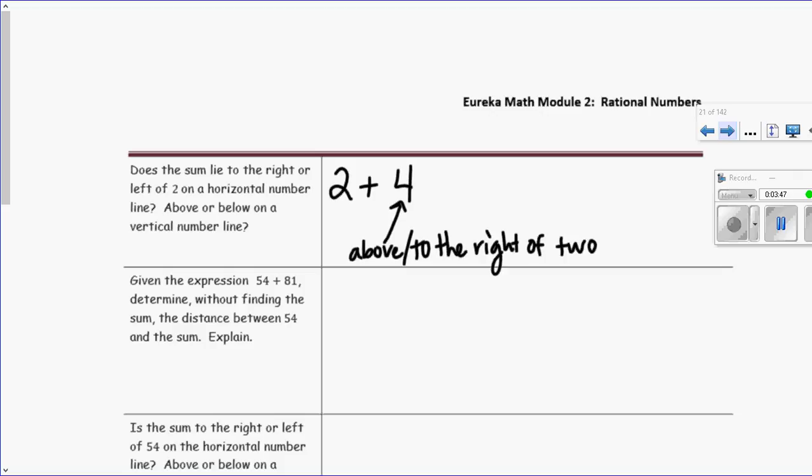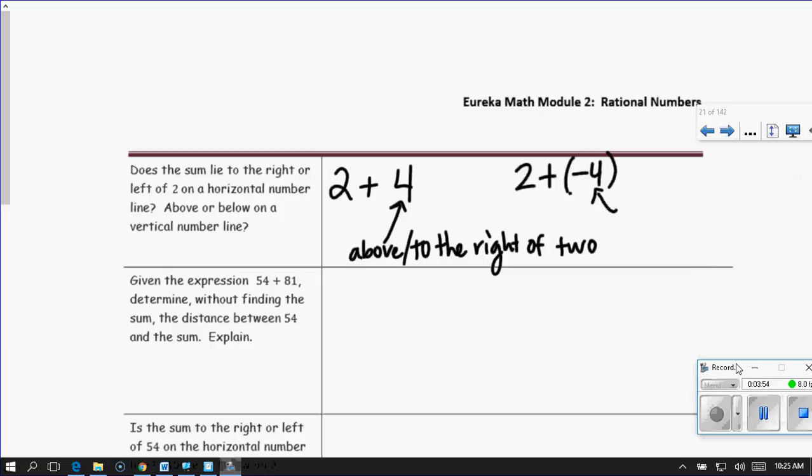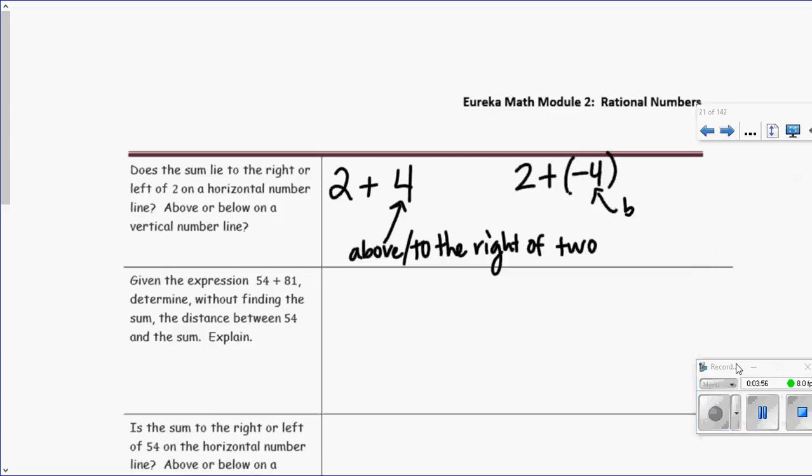And over here, for 2 plus negative 4, it is below, or to the left of 2.